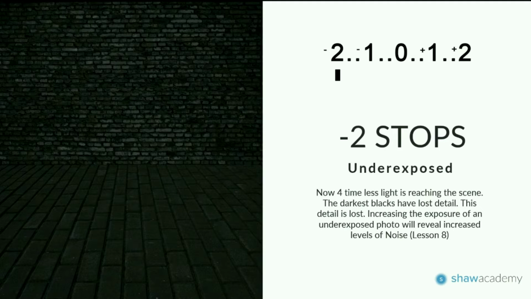And we're going to talk about that in the next lesson. This is one of the things we have to be considerate of when we're talking about ISO, but it'll also be revealed if we have an underexposed photograph that we try to brighten up afterwards. You're going to start introducing more noise into the scene.